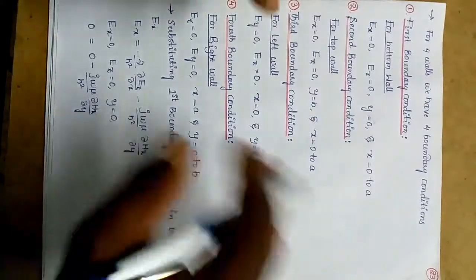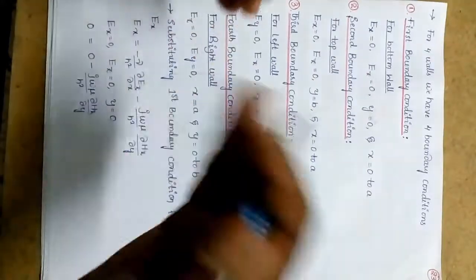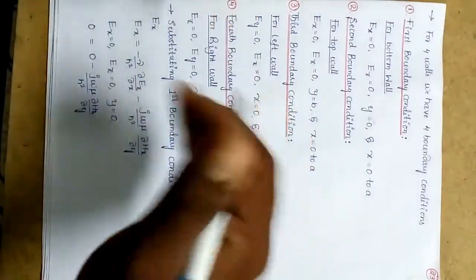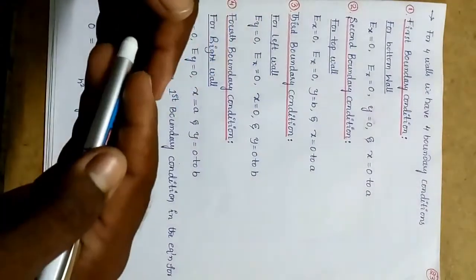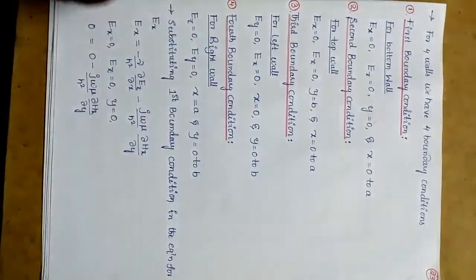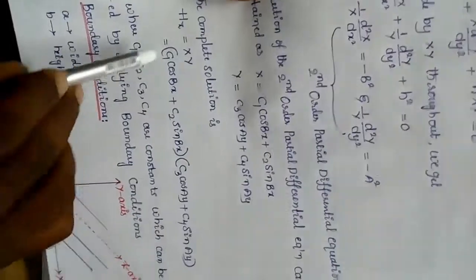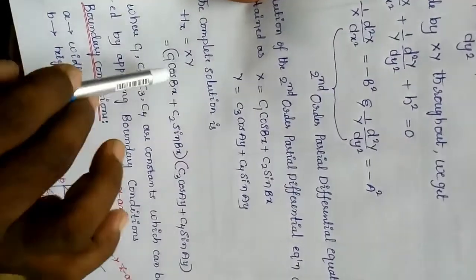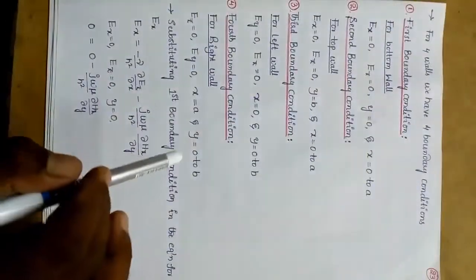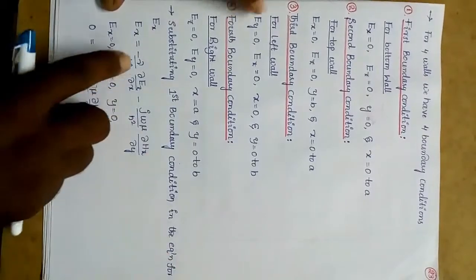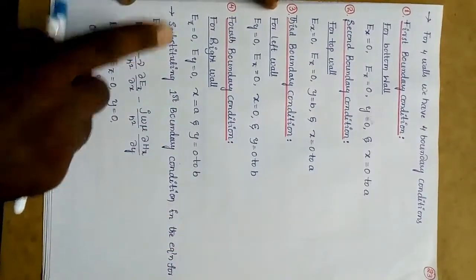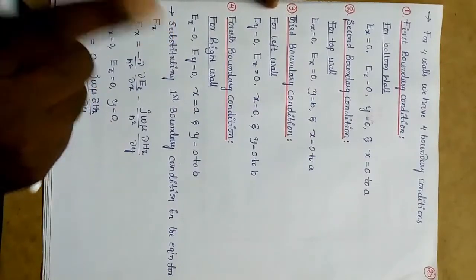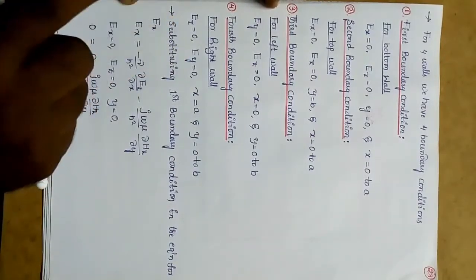Okay, so after assigning the boundary conditions, we substitute everything. Where do you substitute? In this equation you substitute. Before substituting in this, just do one thing. Substituting the first boundary condition in the equation for Ex, you already know Ex, Ey, Hx, Hy.